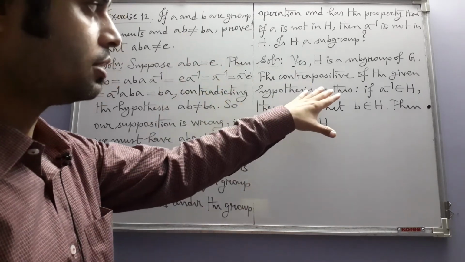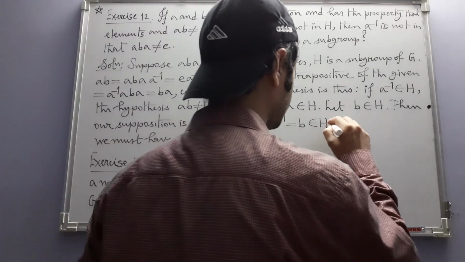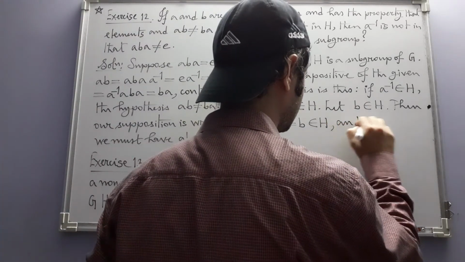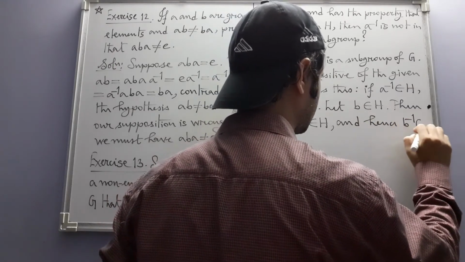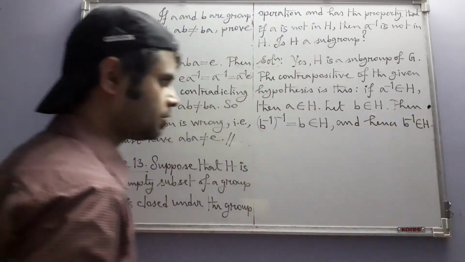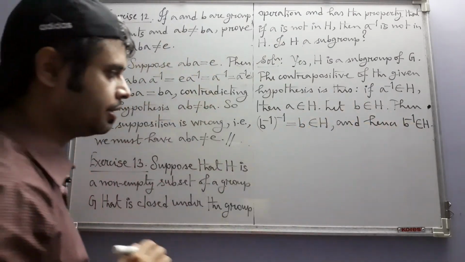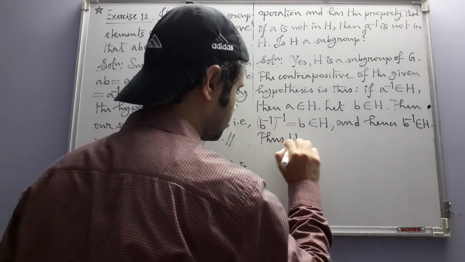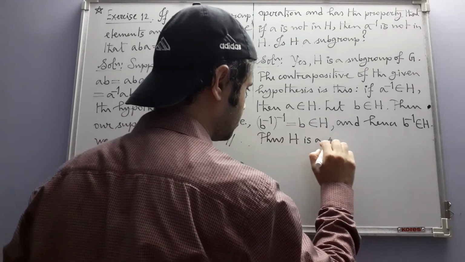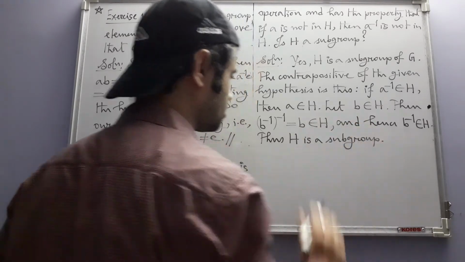So according to this condition, B inverse should be in H, and hence the inverse of any element in H is again in H. Thus H is a subgroup.